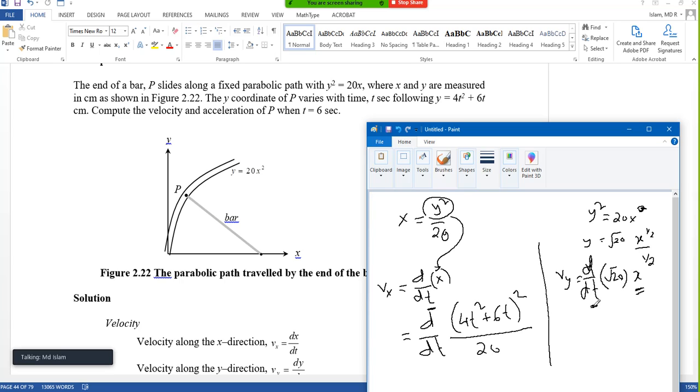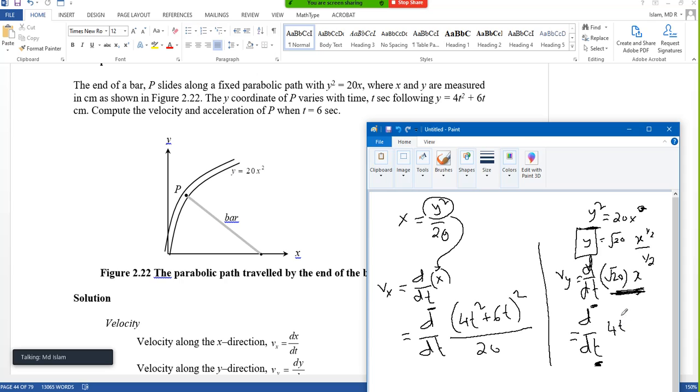That means I need to convert this x to time. So actually, I do not need to do it. I can go directly, d by dt. It is important to note that my variable is time. My function must be with respect to time. So I can put the y directly. I know the y.